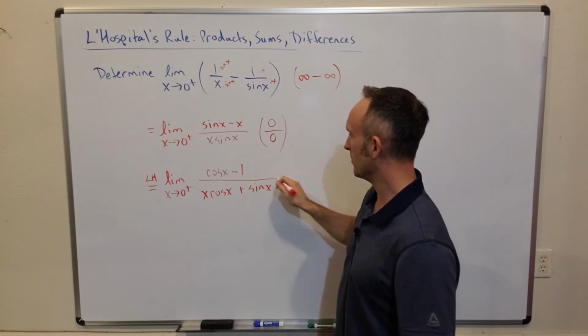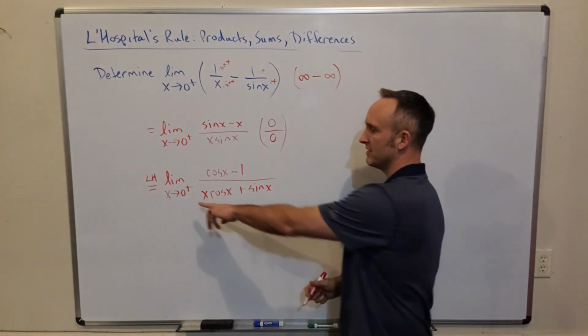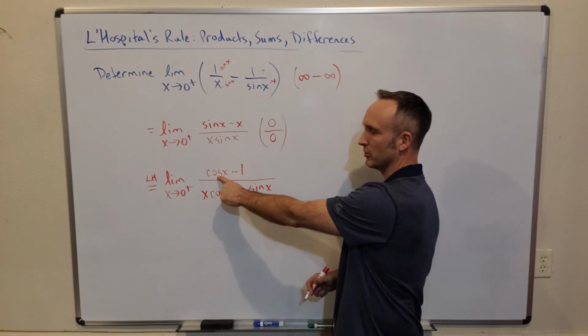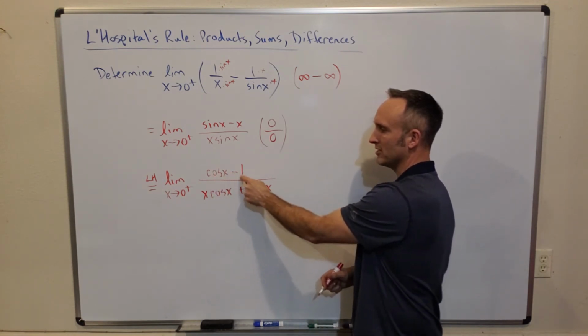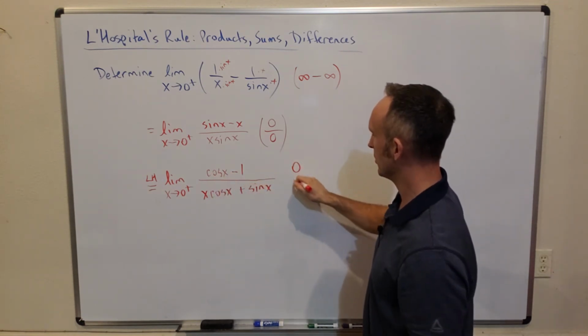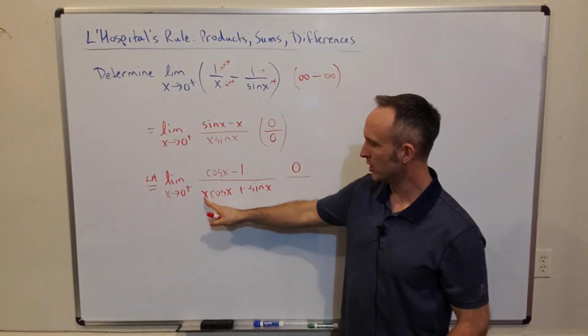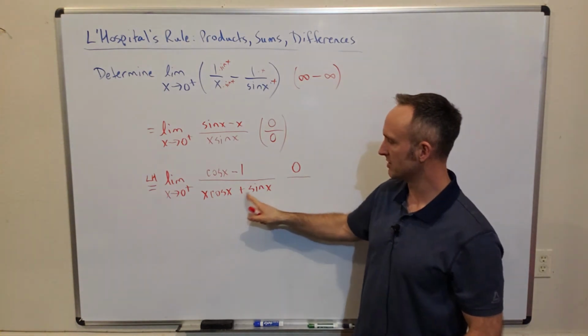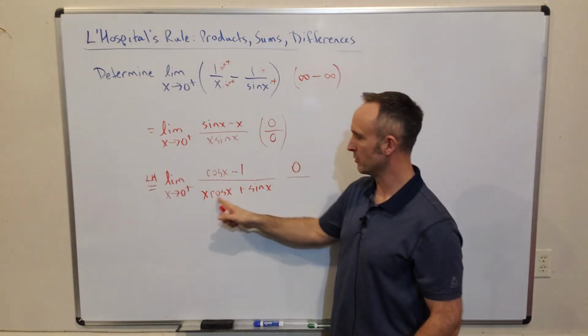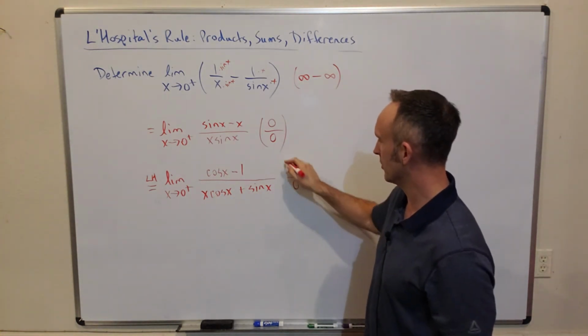And I'll reevaluate my limit now. As x goes to 0, cosine of x goes to 1. So I have 1 minus 1, which is 0, over 0 times 1 is 0, plus the sine of 0 is 0. So 0 plus 0 is also 0.